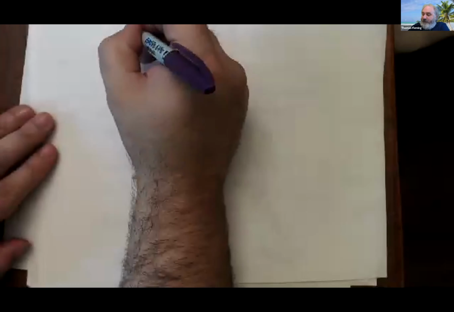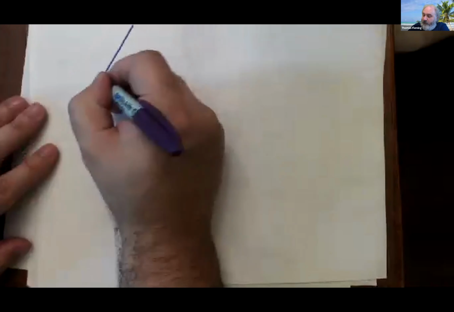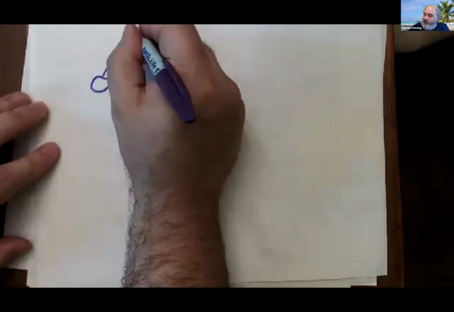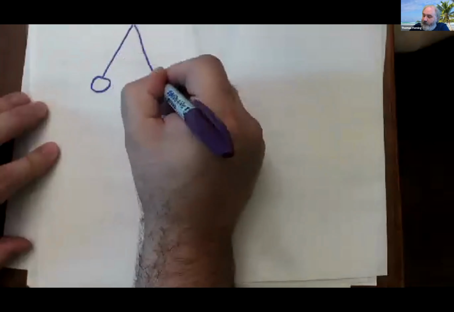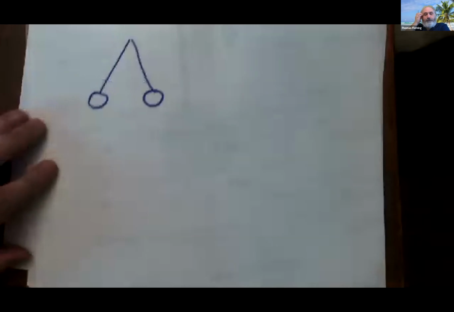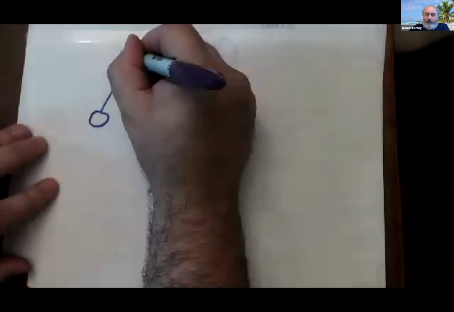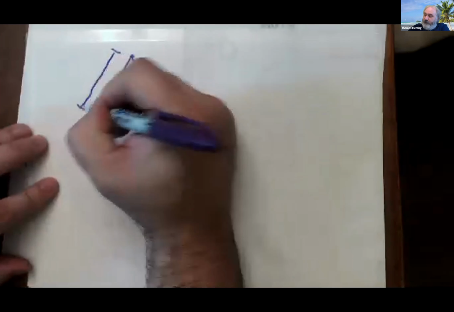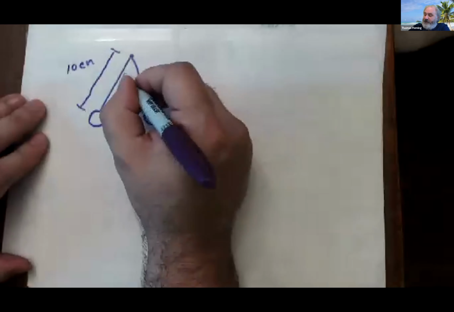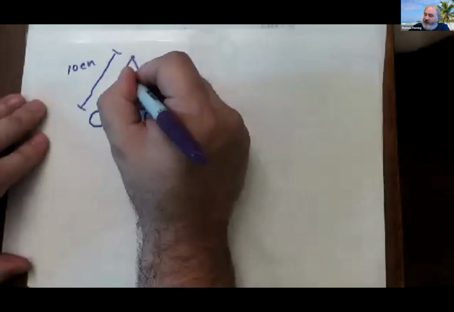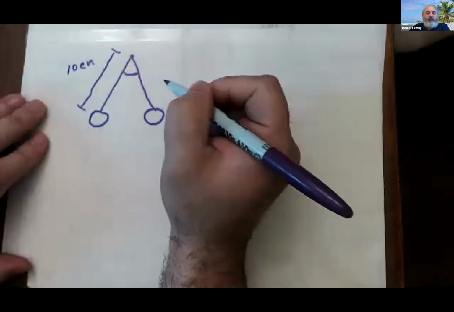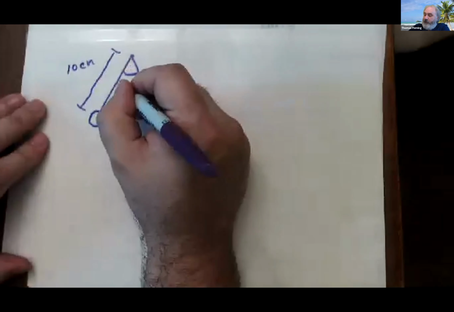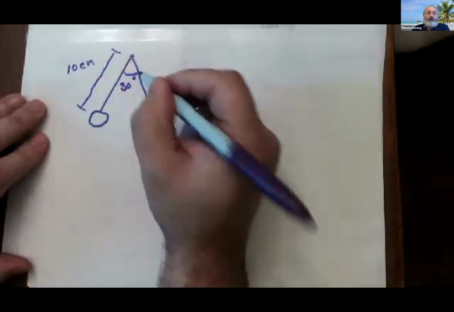And so what's going to happen is I'll have a string. Here's ball 1. Here's a string. Here's ball 2. And I'm holding it right here. And let's say that this string is 10 centimeters long, and they push themselves apart such that the angle between the two halves of the string is 30 degrees.